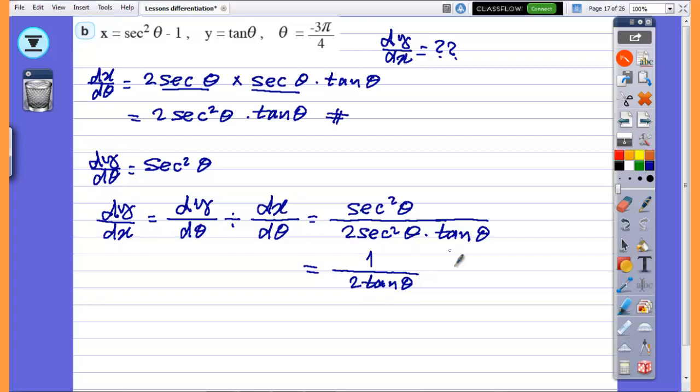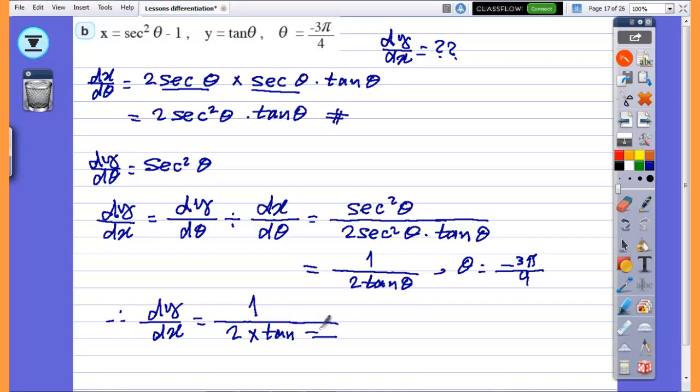Now when theta equals negative 3 pi over 4, then dy/dx equals 1 over 2 multiplied by tan of negative 3 pi over 4.